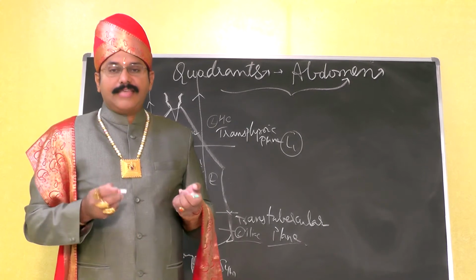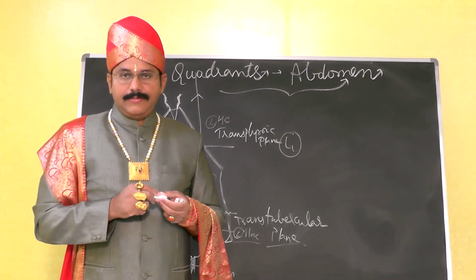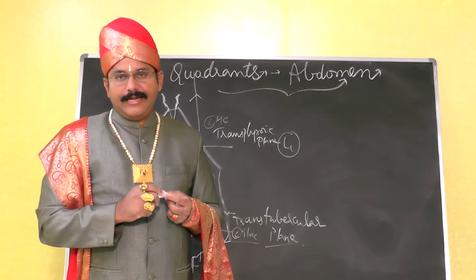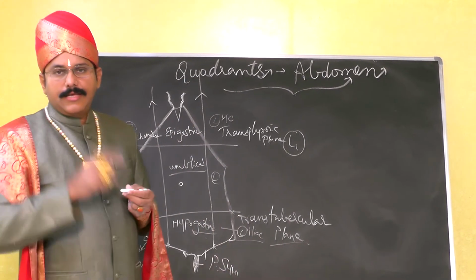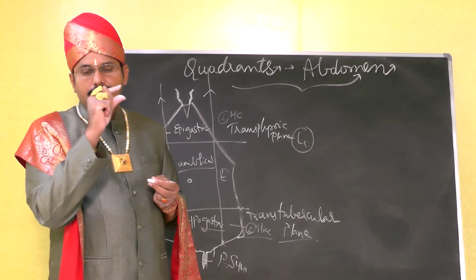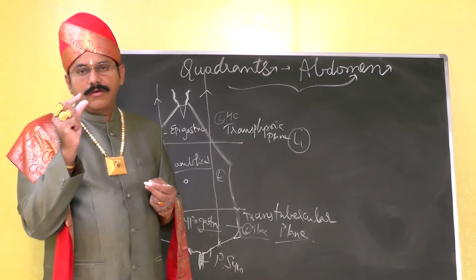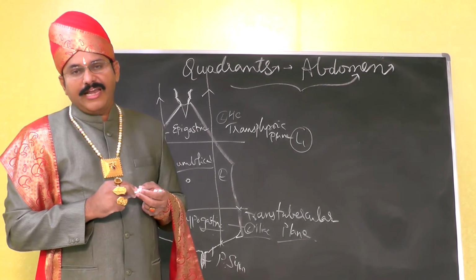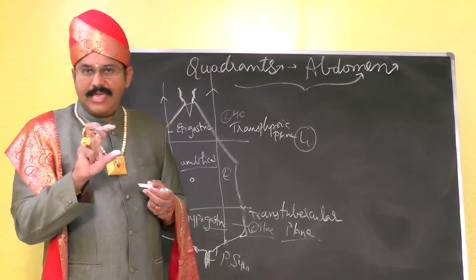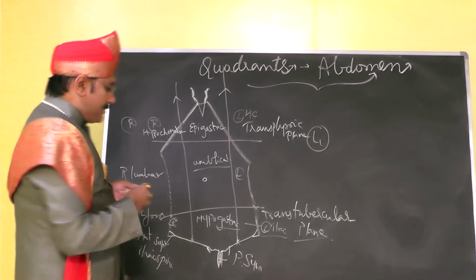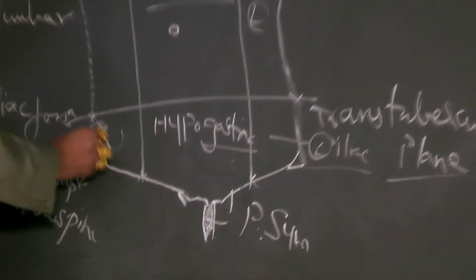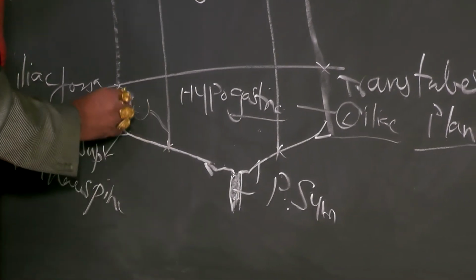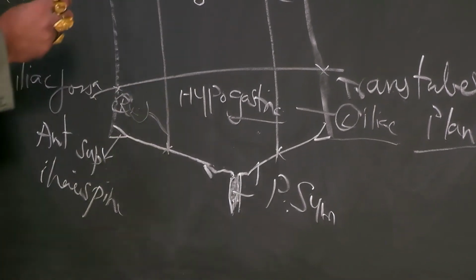For example, where is the appendix present? The appendix is a diverticulum, a worm-like structure coming from the posterior medial wall of the cecum. The cecum and appendix are present in the right iliac fossa.